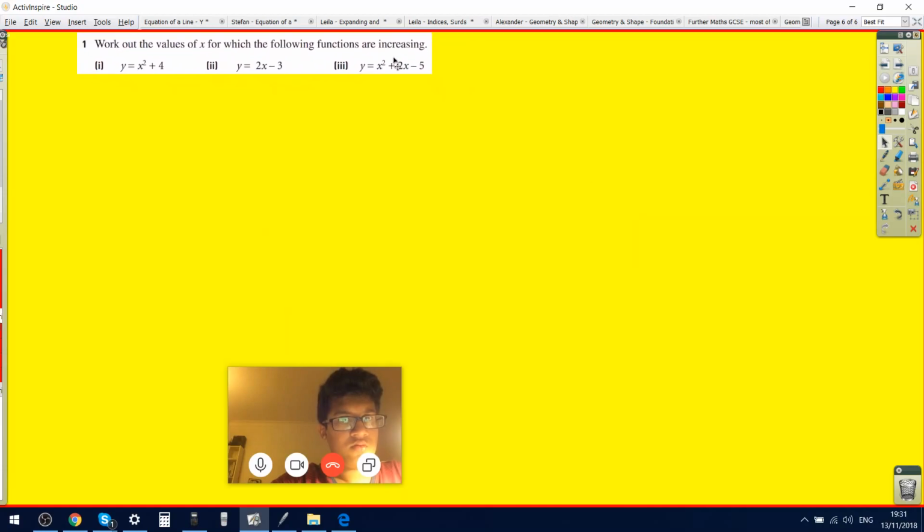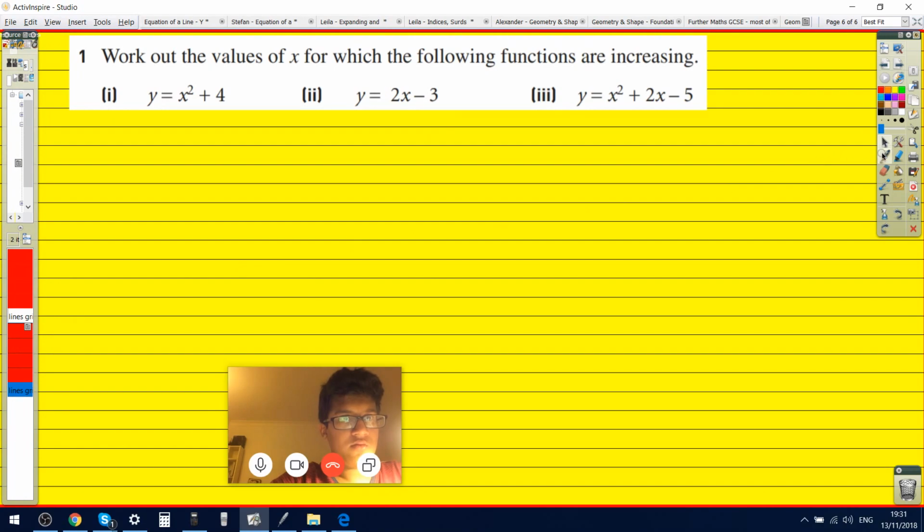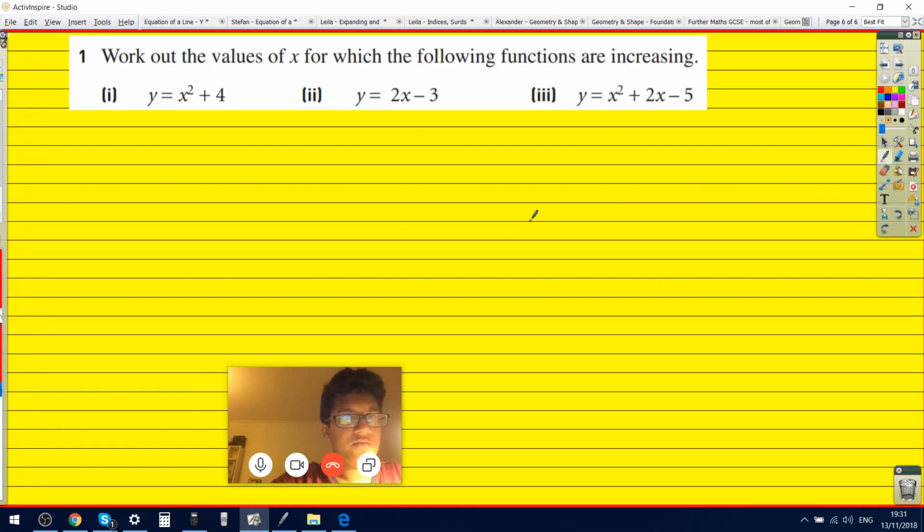Okay, any idea how we do these? y equals x squared plus 4. Okay, so y is x squared plus 4.